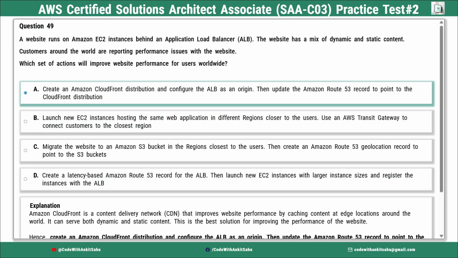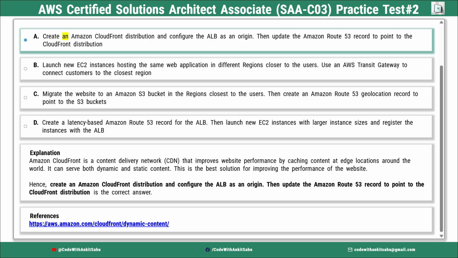Correct answer. Option A. Create an Amazon CloudFront distribution and configure the ALB as an origin. Then update the Amazon Route 53 record to point to the CloudFront distribution. Explanation: Amazon CloudFront is a content delivery network, CDN, that improves website performance by caching content at edge locations around the world.